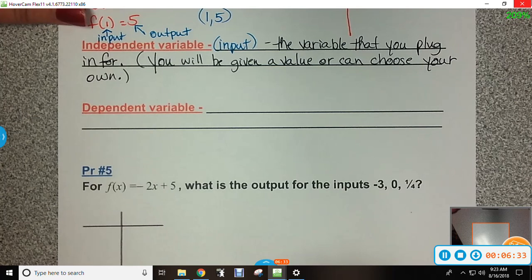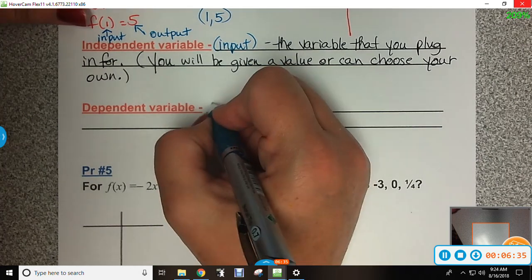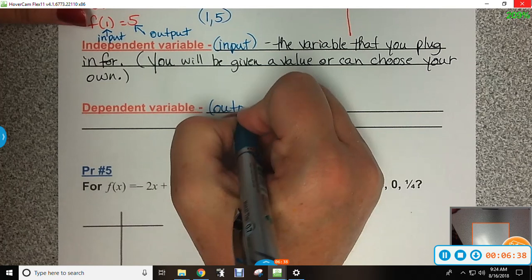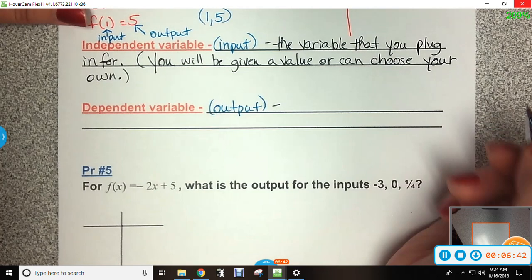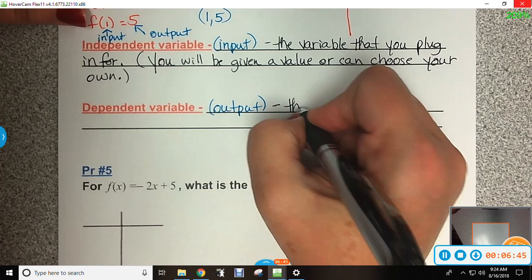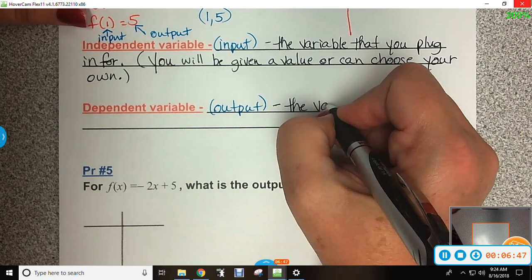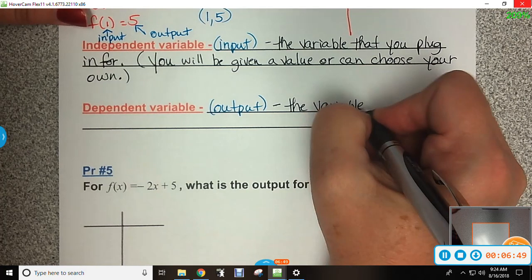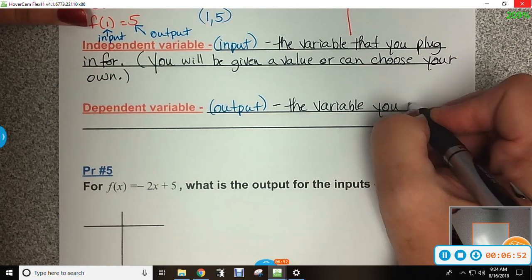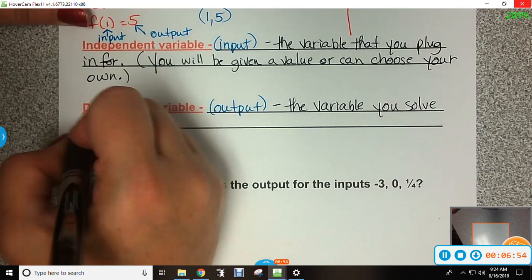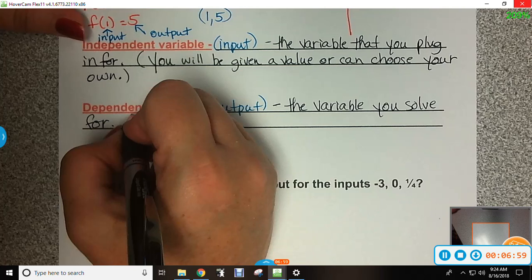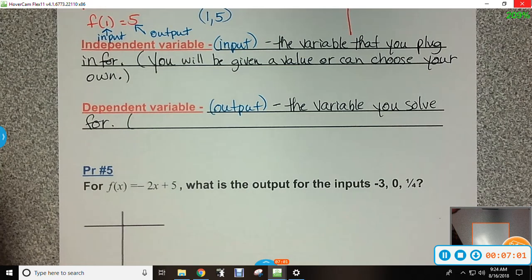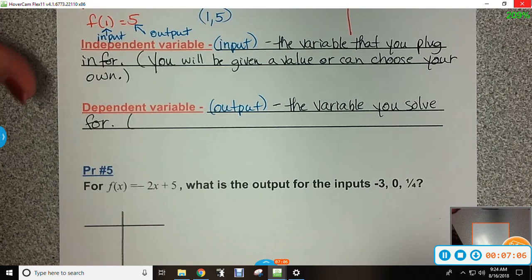Right, your dependent variable is otherwise known as your output. And the dependent, this is the variable you're going to solve for. Okay, so here's what we know about it. Its value will change depending on the values you plugged in for the other variable.